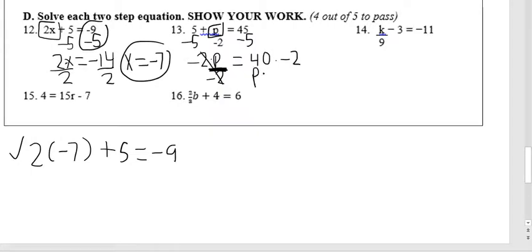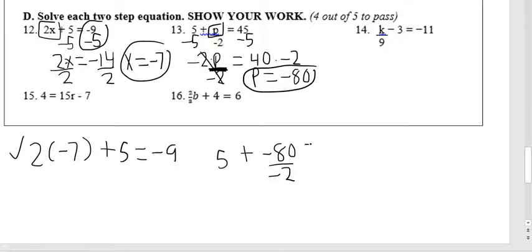So that ends up giving us 1p equals 40 times negative 2, which is negative 80. And again, if we take 5 and we add a negative 80 divided by negative 2, that does give us 45.